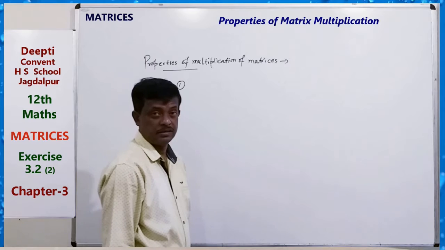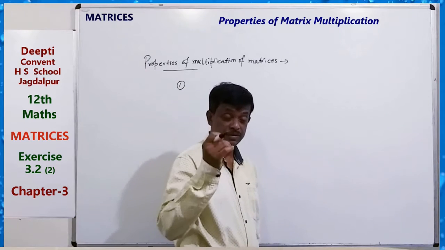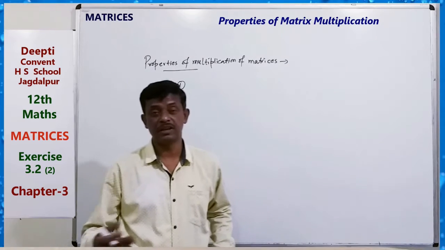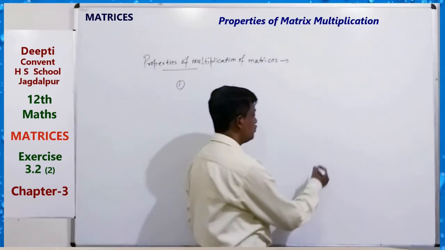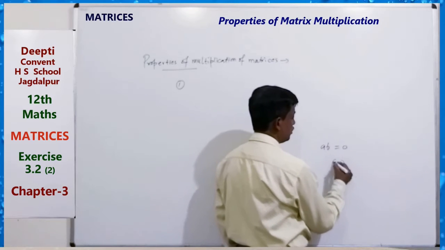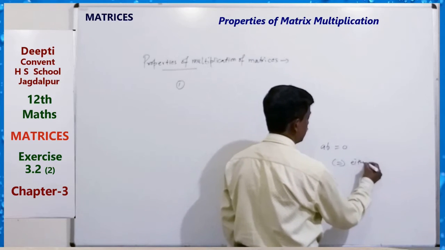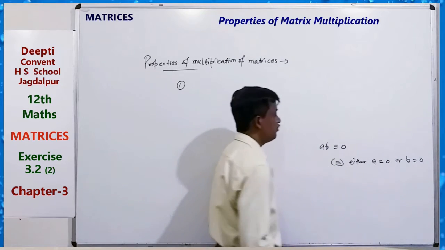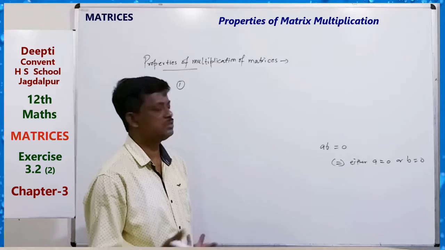Here, one thing is very, very important. In general, whenever we do some calculation, if the product of two real numbers AB equals 0, then either A equals 0 or B equals 0. If A equals 0 or B equals 0, then the product equals 0.